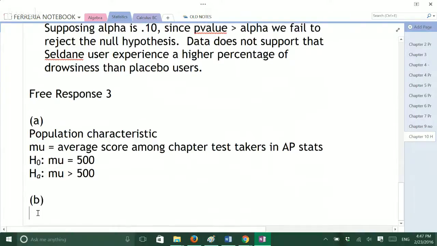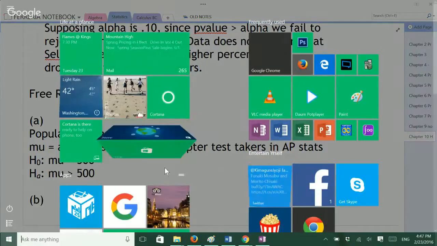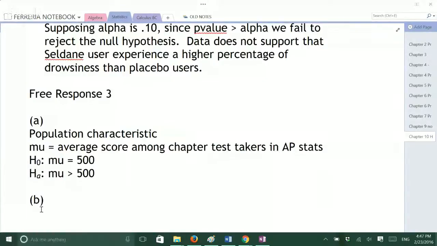Part B: does the data deviate from normality? Comment on the 3 graphs. Would you use T procedures or Z procedures? Well, it's a small sample. I could tell you immediately that T procedures are appropriate, for a couple of reasons.